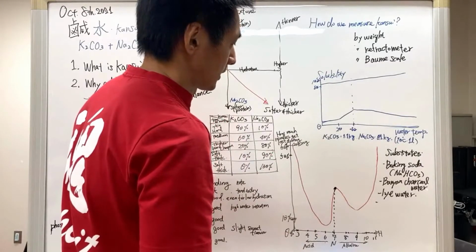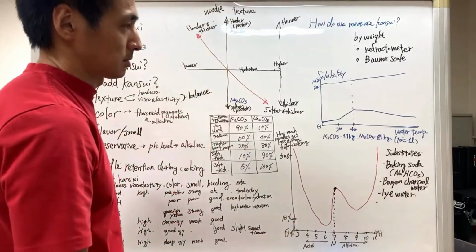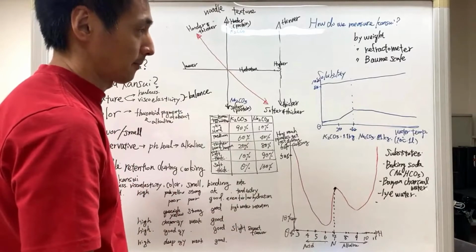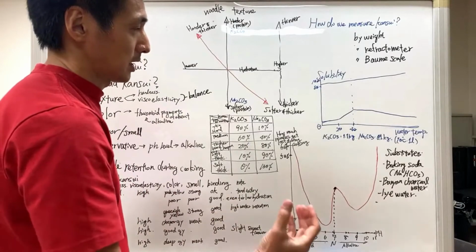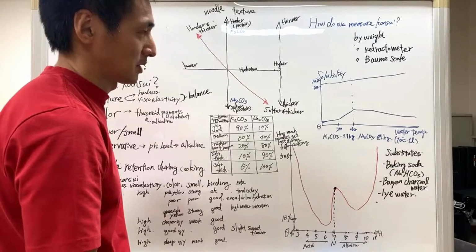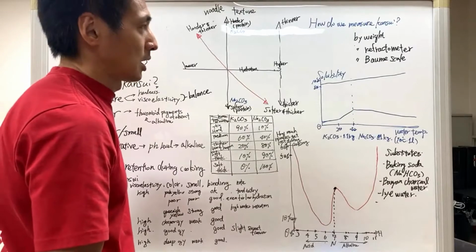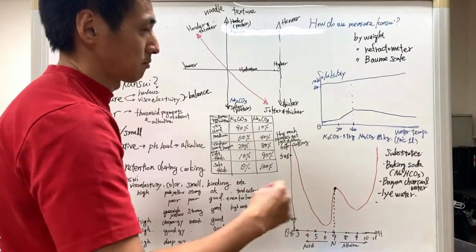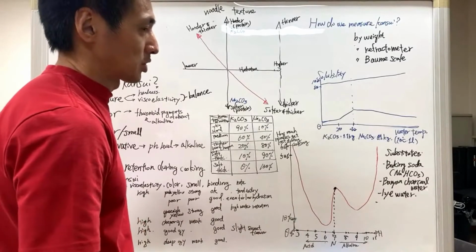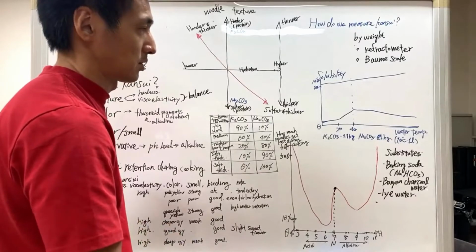So it's hard to dissolve. When you try to dissolve all the Kansui in the water to make a solution, you have to make sure, because when Kansui dissolves it generates some heat, and it tends to solidify at the bottom. So stir it well and make sure all the remaining Kansui gets dissolved.